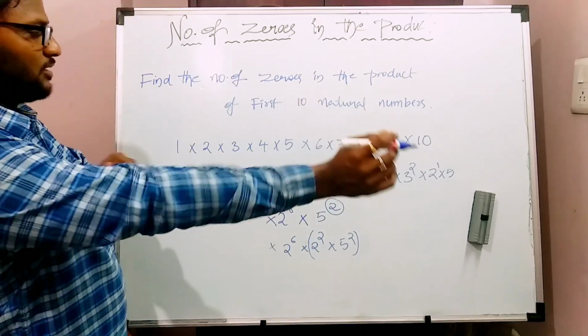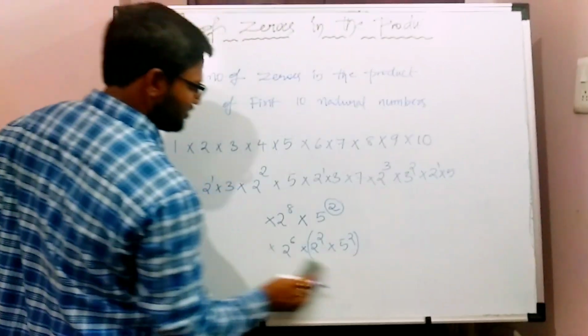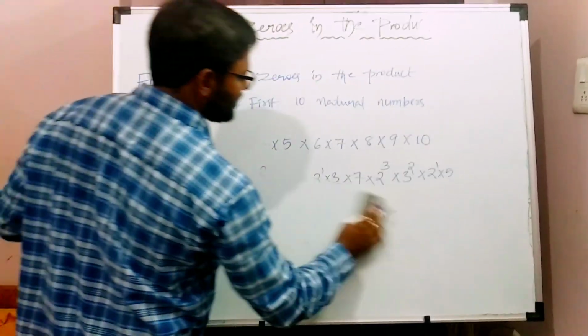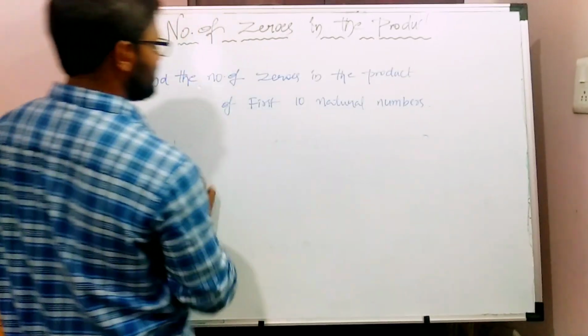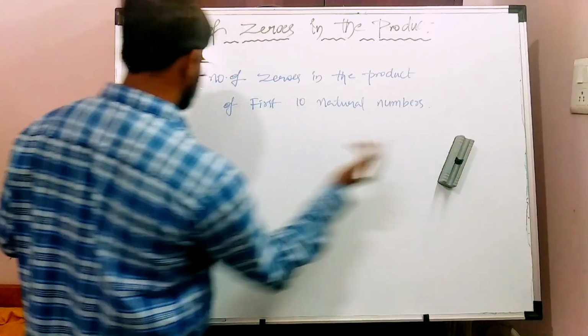Okay. Next, I will generalize these 2's and 5's to find the number of zeros.